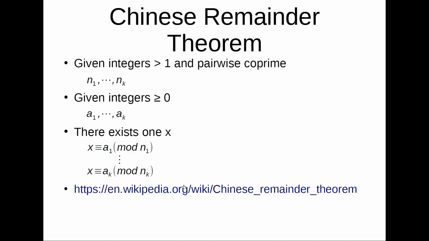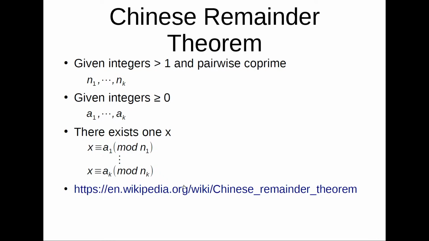So how it works is the number you're trying to solve for is the x, and you have numbers a1 through ak, and then you have n1 through nk, which are the moduli.